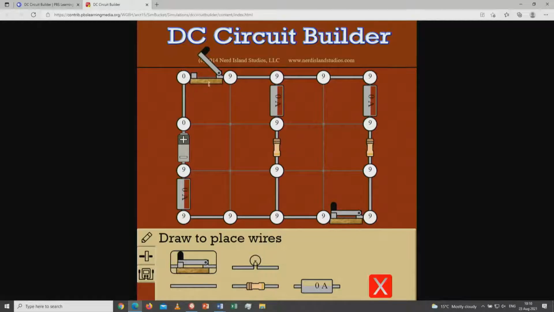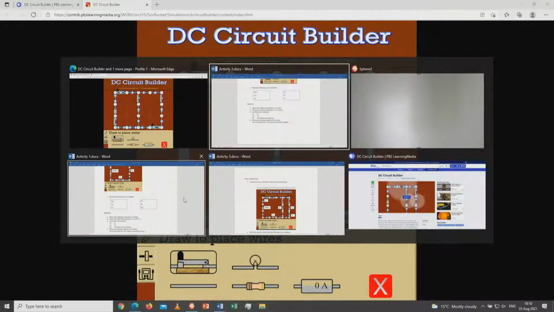And then, of course, because this switch is still open, no current is flowing, but if we close the circuit, then you'll see current is flowing. We are not going to check the resistance of the resistors. We will just carry out the same procedure as we did with the other activity. So I think you can see how I came up with this screenshot.